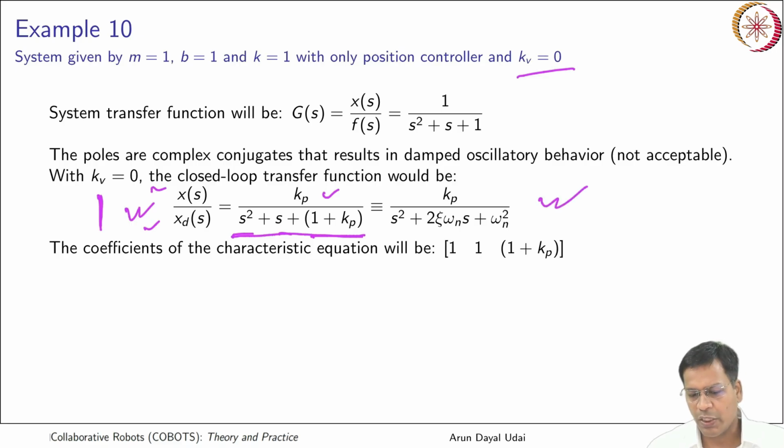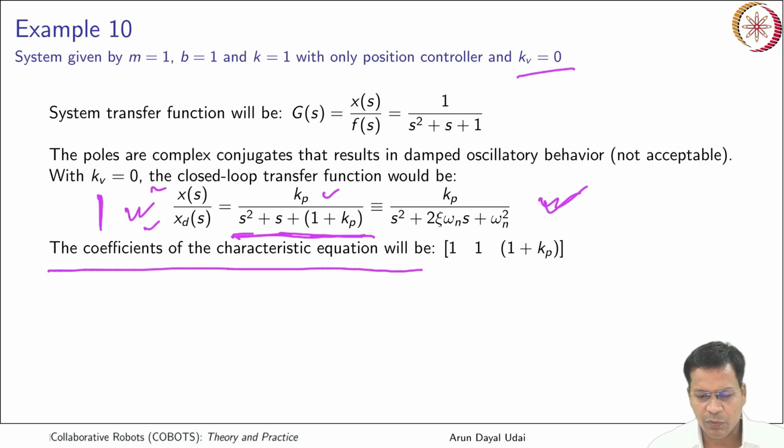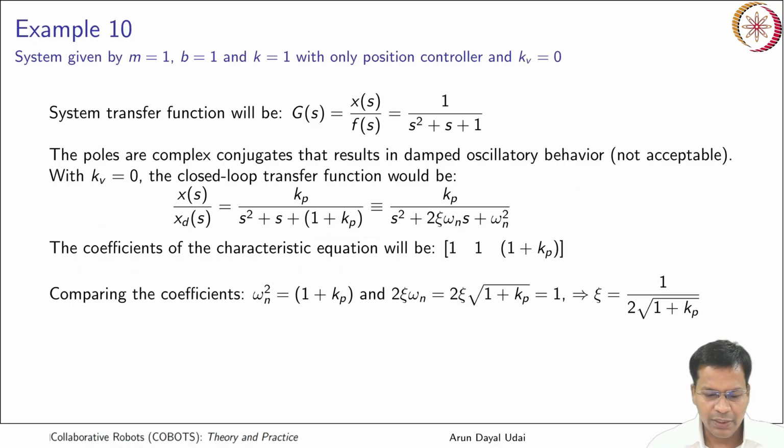If I put it in the damping coefficient and natural frequency omega n form, you have seen it earlier. If you convert this to this form, the coefficients of the characteristic equation will be 1, 1 and 1 plus kp. Comparing the coefficients, 1 goes here, 1 goes here, and 1 plus kp comes here.